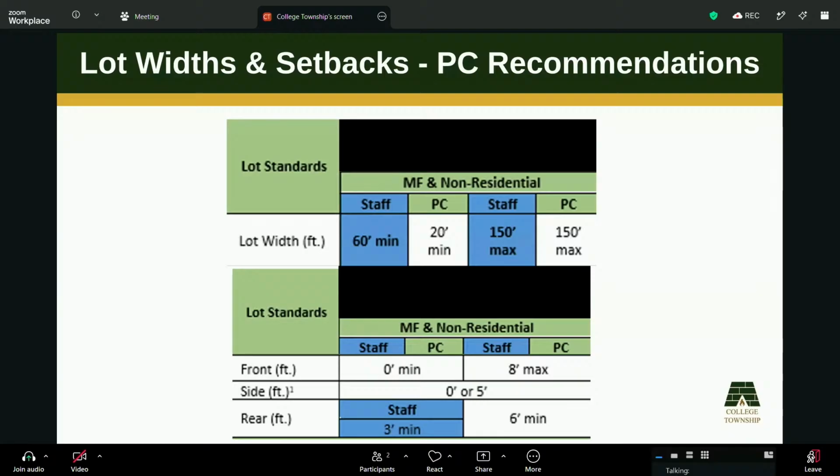Again, my opinion is that to get the benefit of form-based code and the potential for that commercial and the possibility of a light industrial or something like that, you're going to need a number that is not identical to the single-family component in this district.